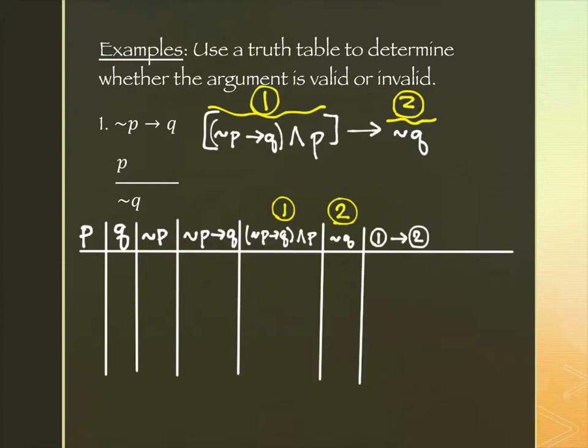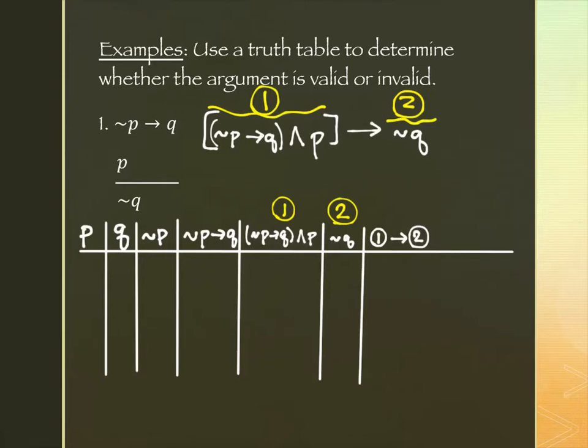If you want to write it all out, you can, but you probably are going to want to do some condensing when we get to further examples, so I just thought I'd show you this here. Are you okay with the column headers? The only variation that is a reasonable thing to do, if you don't like it this way, would have been to put the tilde Q column over here with tilde P, and that would be okay. I just like it at the end because I don't need it till the end.